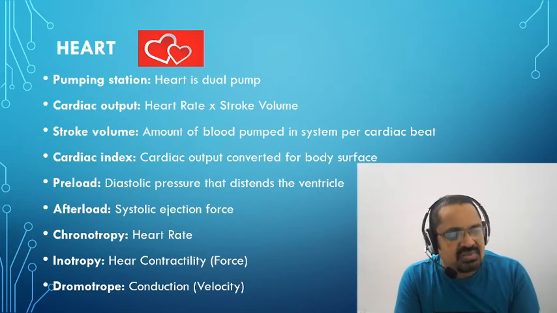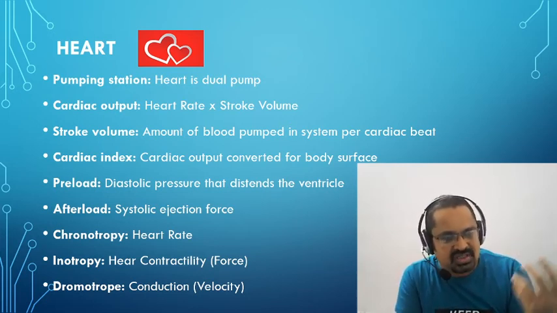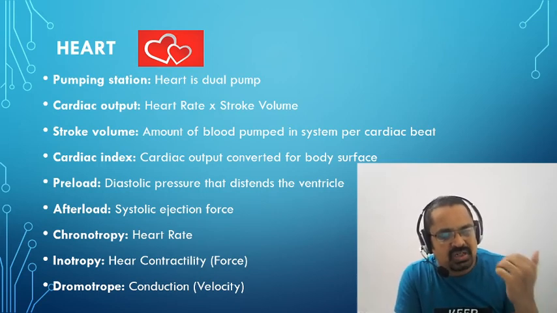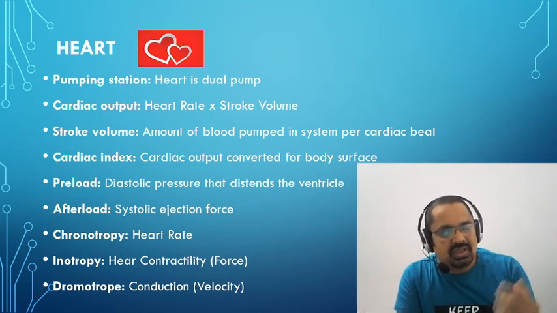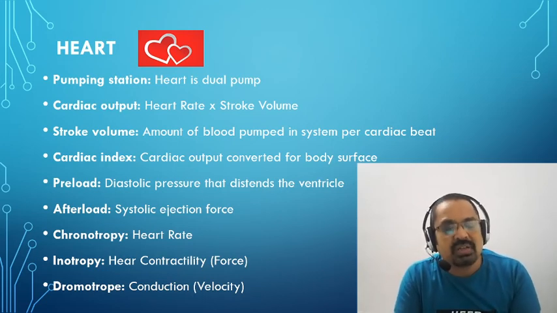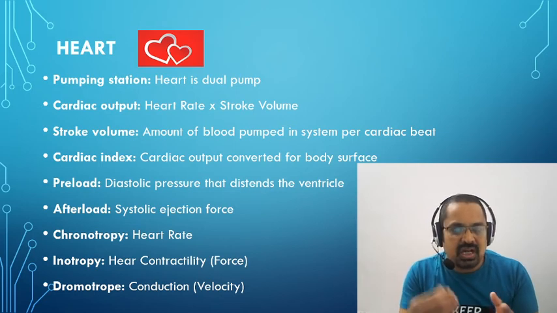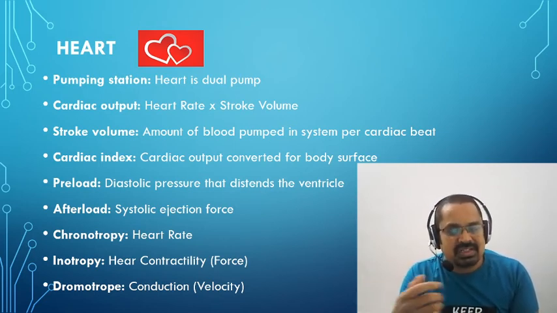Then these three terms I think we have already studied in our previous lectures: chronotropic, inotropic and dromotropic. These also have a reference to your ANS, when we studied the effect of ANS on the heart. Chronotropic means related to the heart rate, whether 72, 80 or 90 beats per minute.